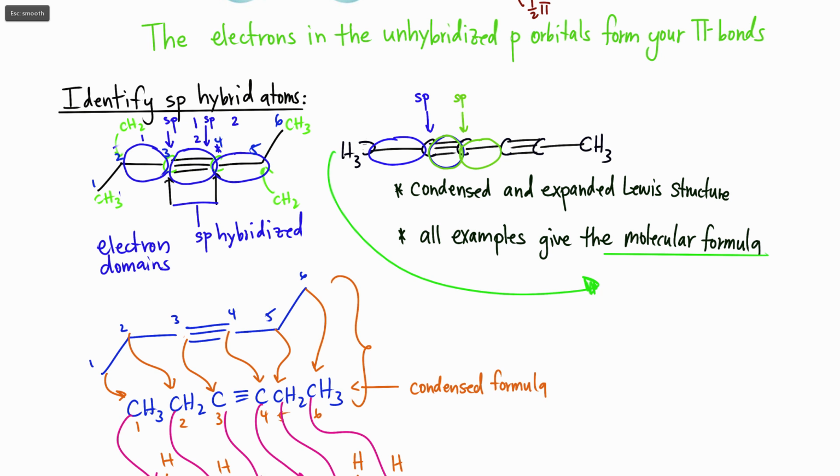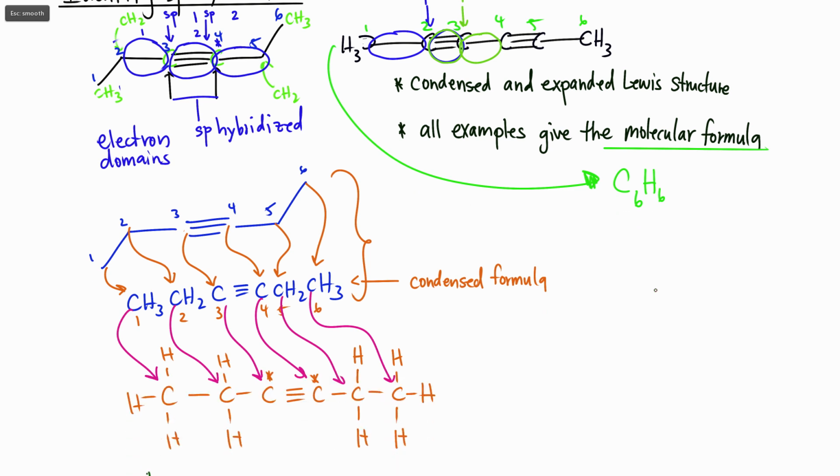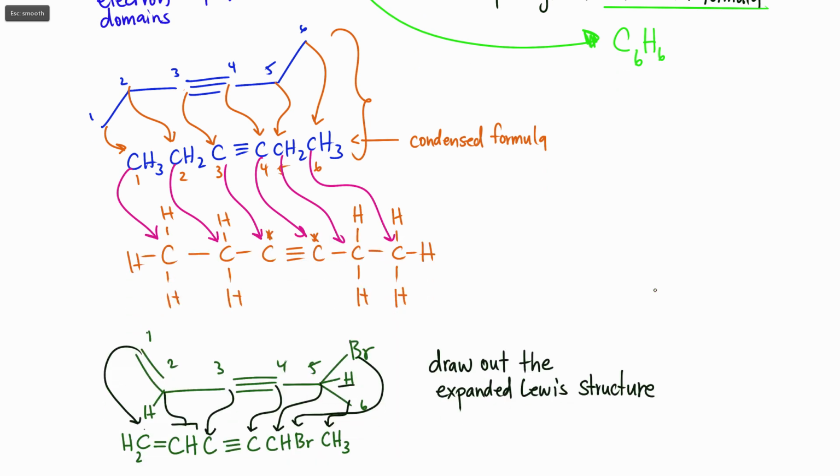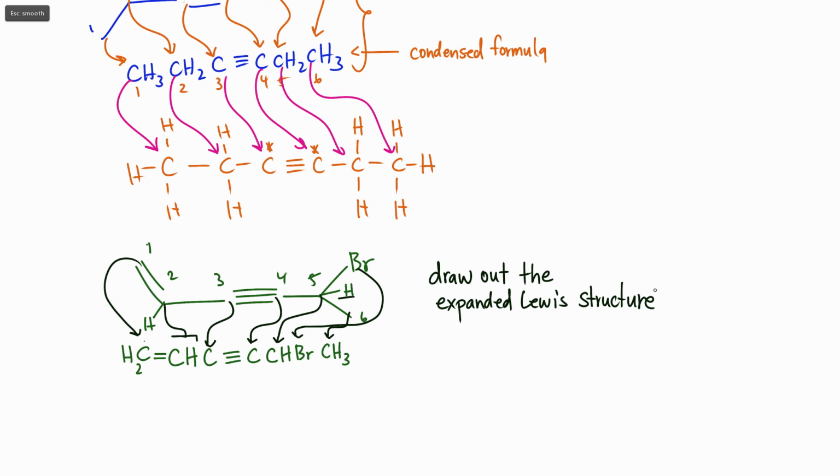So I have 1 carbon, 2 carbons, 1, 2, 3, 4, 5, 6 carbons, so that's C6. And I have 6 hydrogens, so C6H6. I helped you out right there by doing a difficult one, and you can do the rest of them.